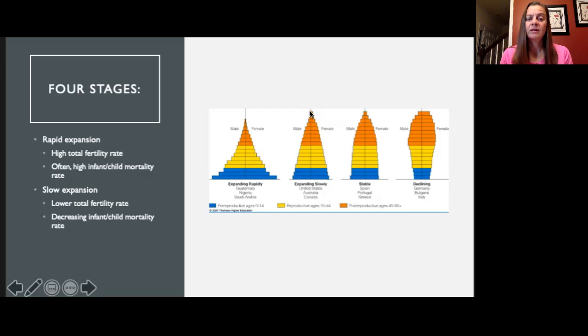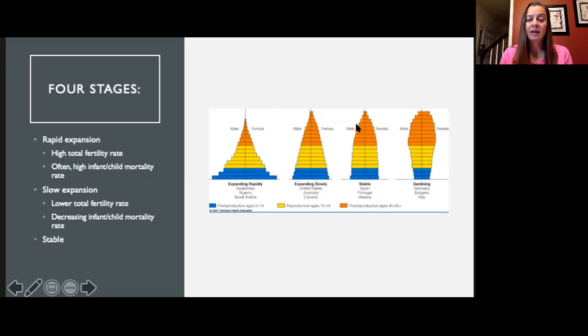You'll also notice that the life expectancy is going up. This means this is a country with improved access to medical care, and it has a longer life expectancy. It does have a lower overall fertility rate, but you also see that the infant and child mortality is decreasing drastically.